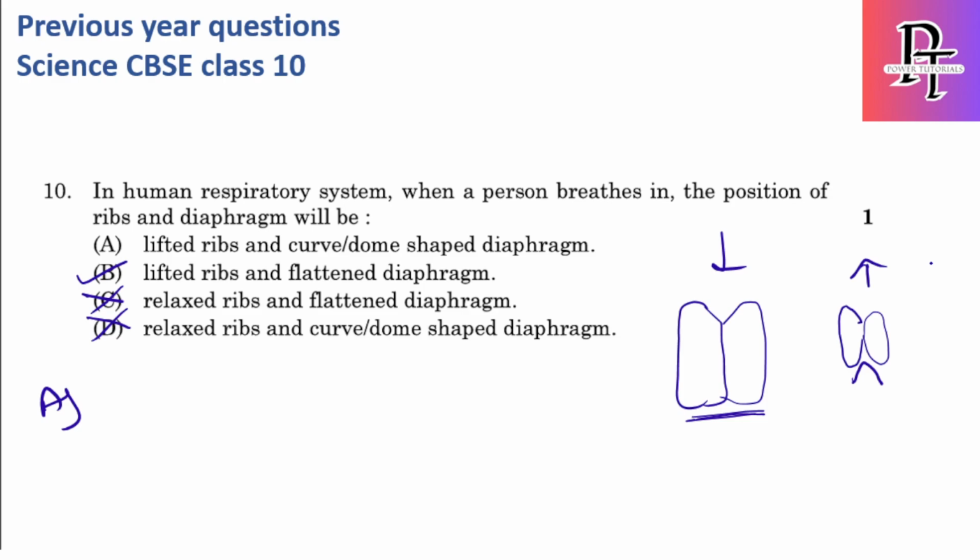If you check yourself, when you breathe in your ribs will go up, whereas if you exhale, the ribs will go down. Simply, the first options you can reject, and the diaphragm should be flat to take in more air. So the second option should be the right answer, where ribs will be lifted up and diaphragm will be flattened.